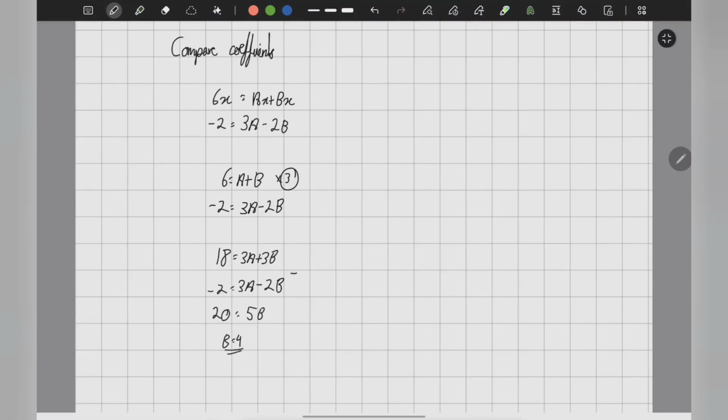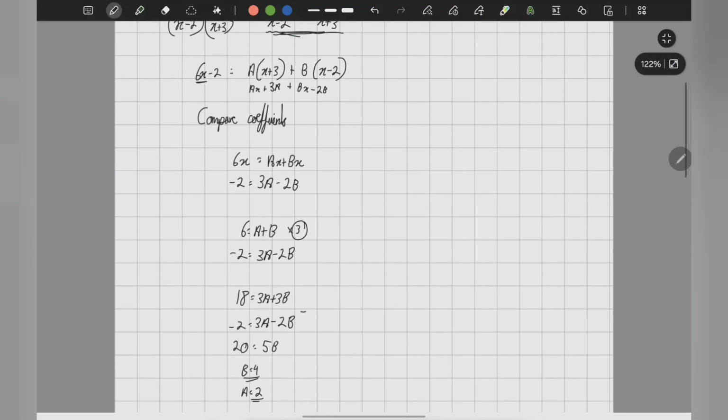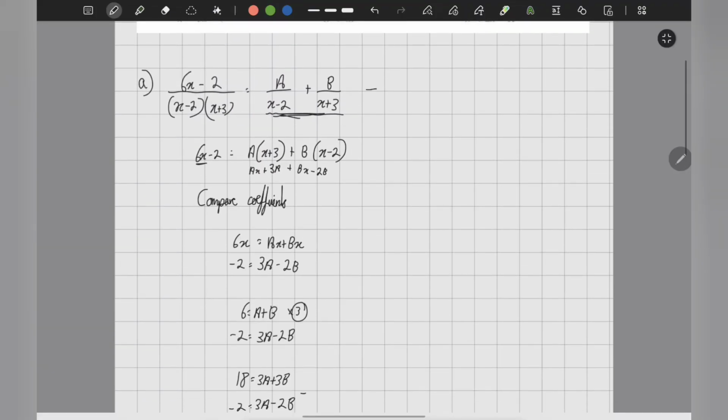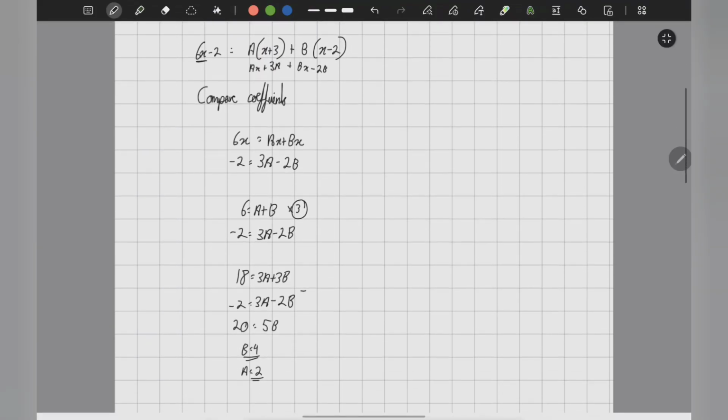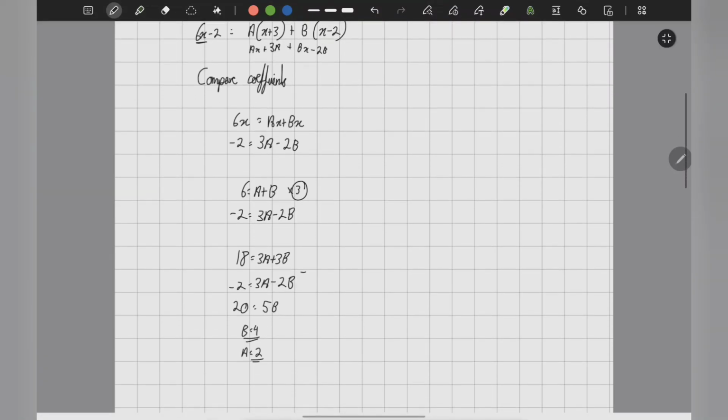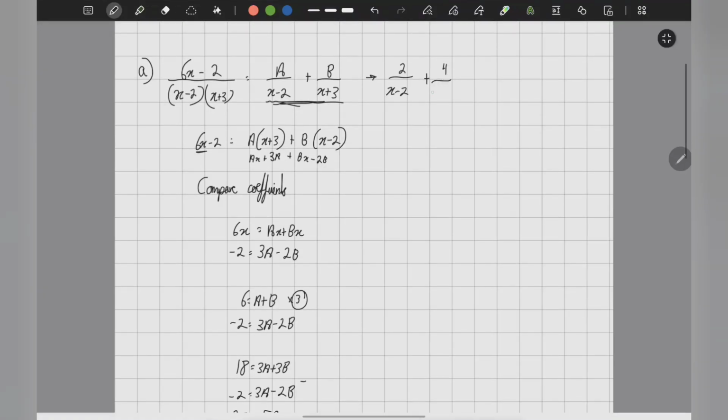And if b is 4, then a must be 2, because 4 plus 2 is 6. So then, if a is 2 and b is 4, we can go back and write this as 2 over x minus 2 plus 4 over x plus 3.